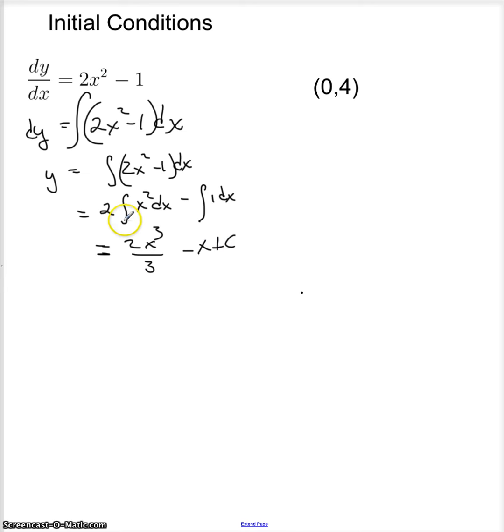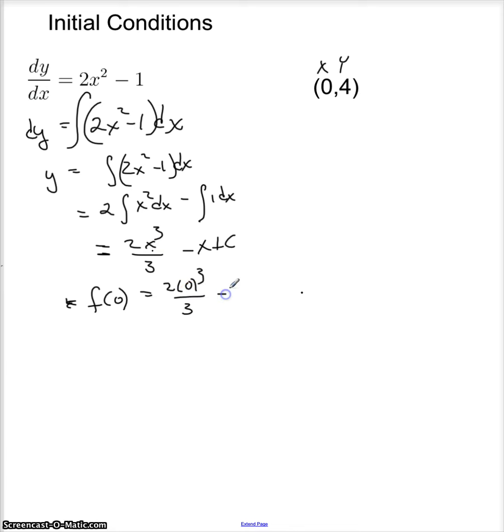But now I want a specific value. I want one particular solution. And I want it to go through the point (0, 4). So I know that when x is 0, my y value is 4. So a lot of times we write it like this. So f of 0 is equal to 2 times 0 cubed over 3.